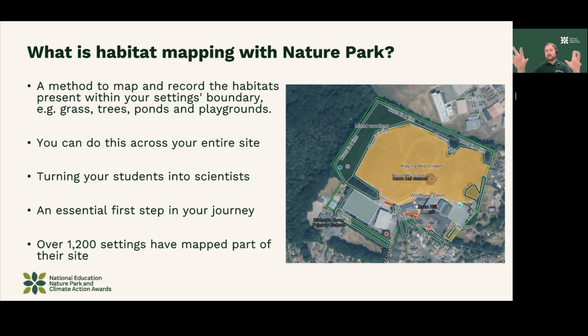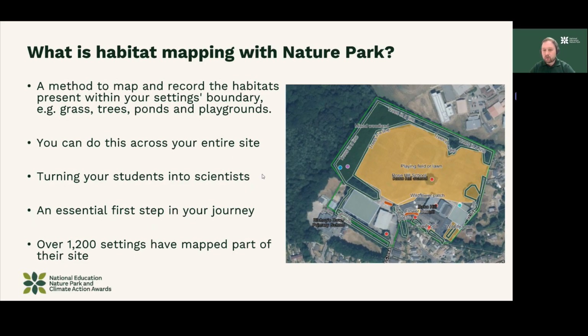It's really sort of, if you imagine your setting and your site as a lab, it's really sort of prepping your lab for all the work that's going to be coming down the line, and all the curriculum integrated activities that you are going to be doing. I'm very happy to say that over 1,200 settings have mapped at least part of their site.